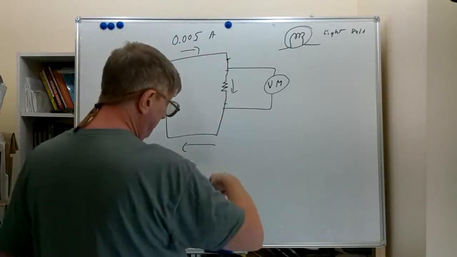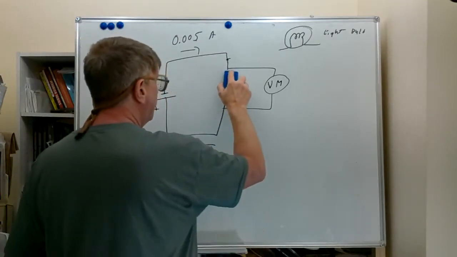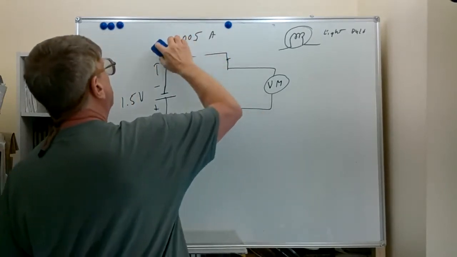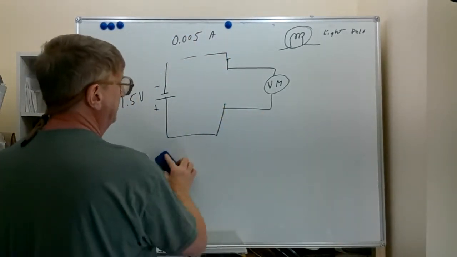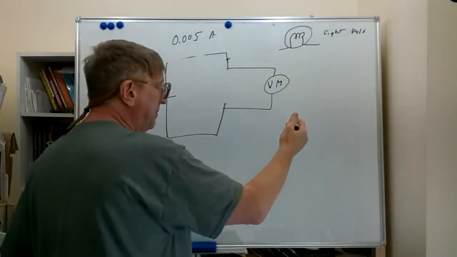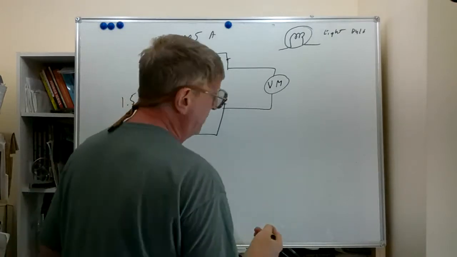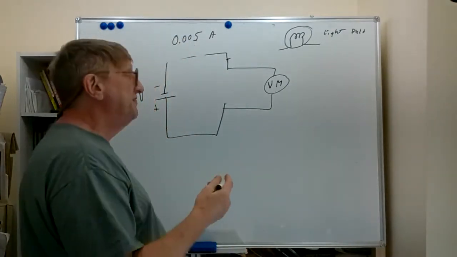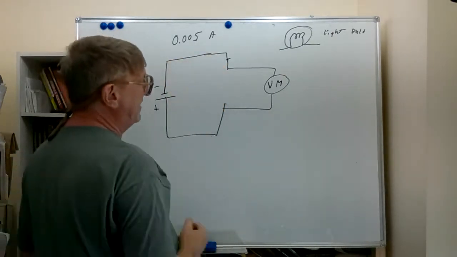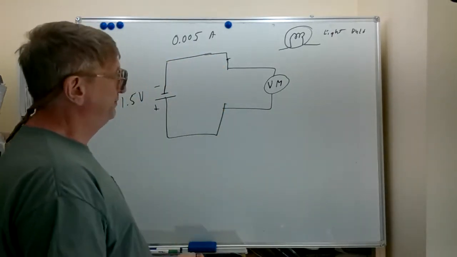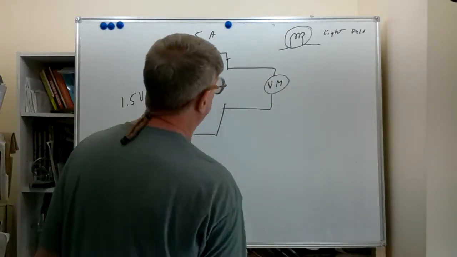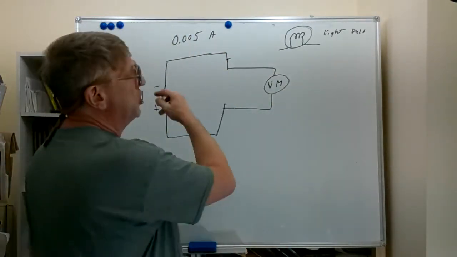Our current continued to flow. We break the circuit, remove the resistor, and we no longer have current flowing. We have an open circuit. There is some very, very small amount of current flowing to the voltmeter because the voltmeter is not an infinite resistance, but it's very high. So the effect of opening the circuit, the voltmeter's still there, still reading the voltage, but we're really drawing no more current.